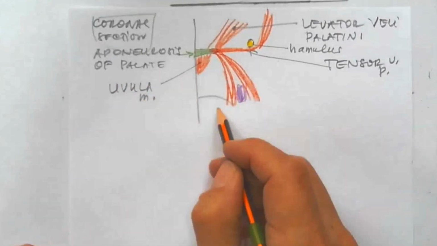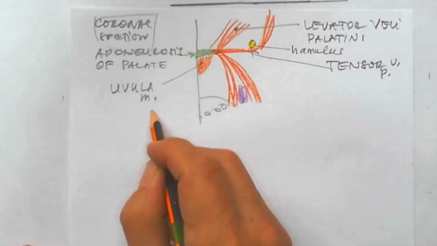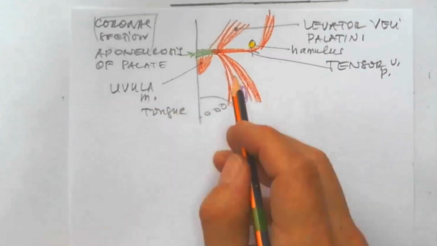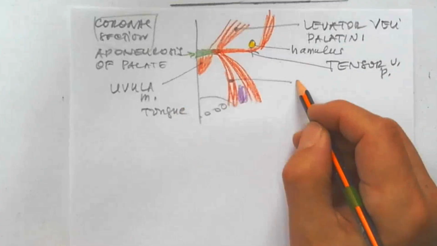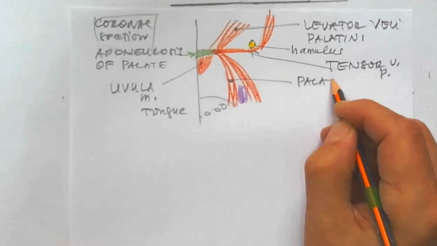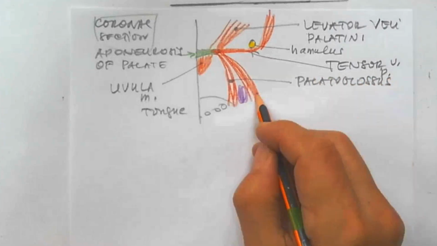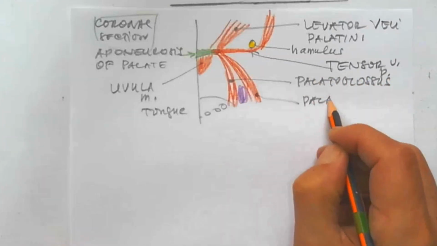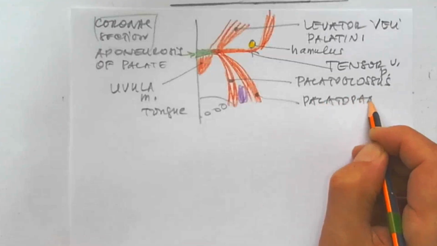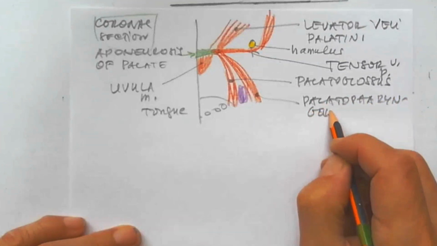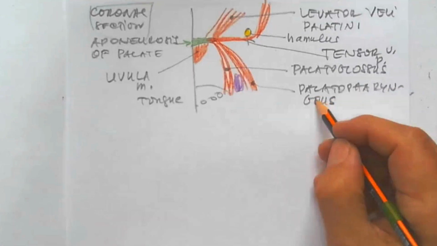Then here must be the tongue. We are looking from behind at the tongue. And then this one is the palatoglossus, and that one is the palatopharyngeus.